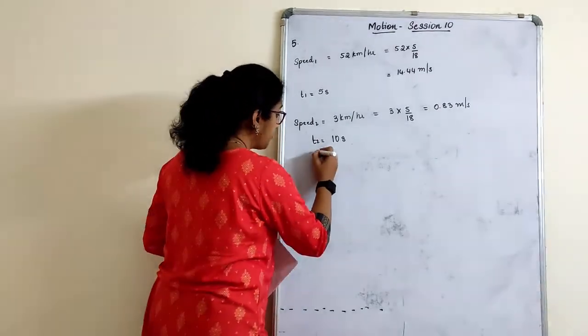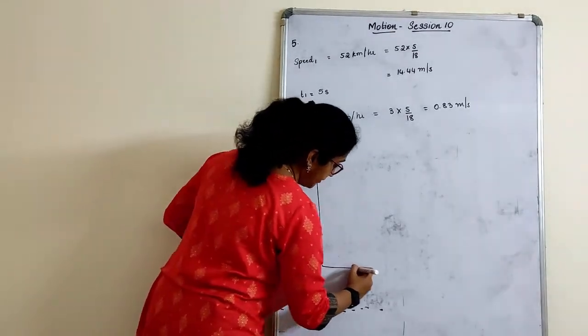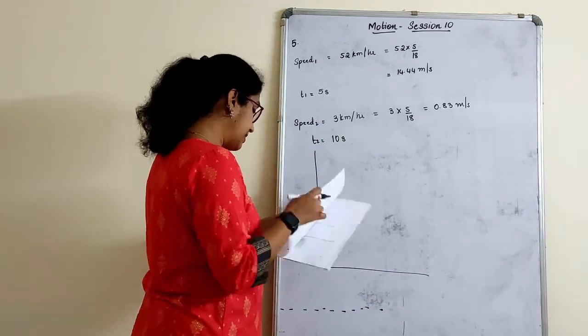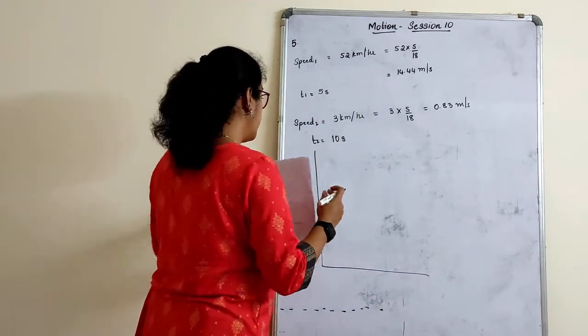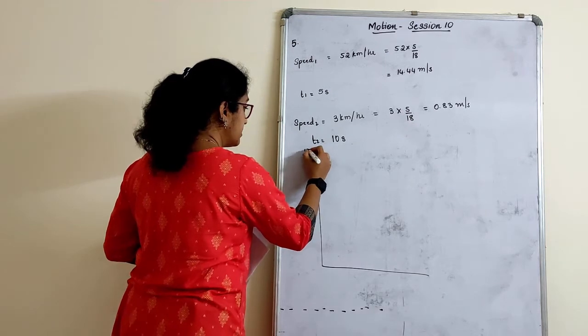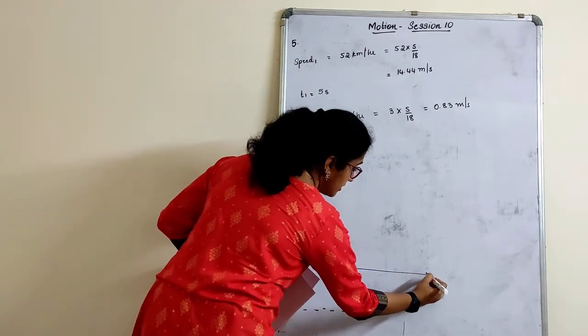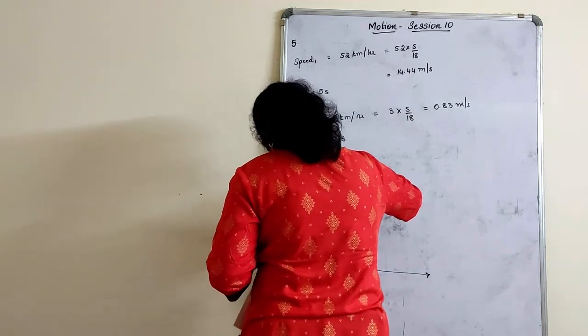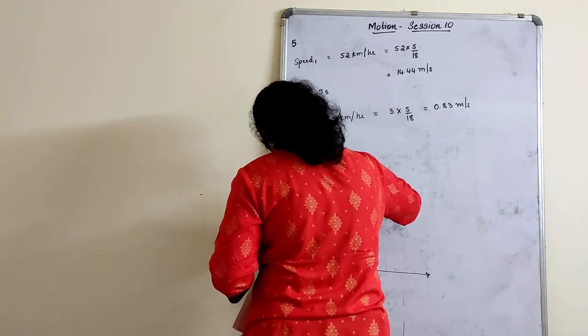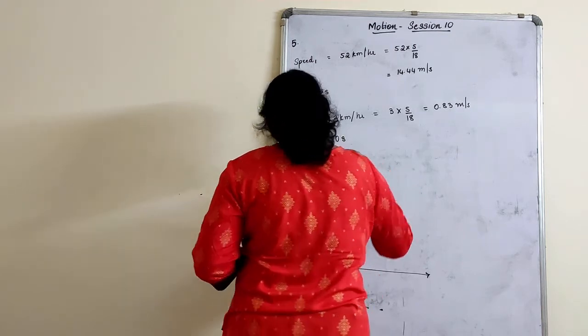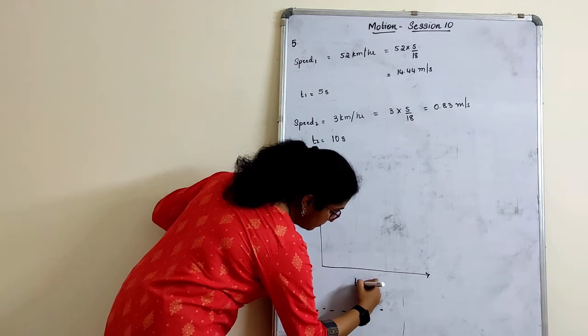Let's check. If I have to draw the graph here, speed versus time as they have mentioned, let's consider this as the y-axis and this as the x-axis. This is speed and this is time.